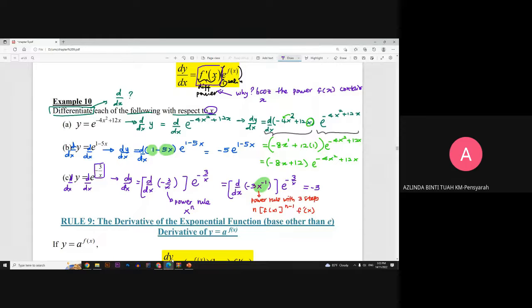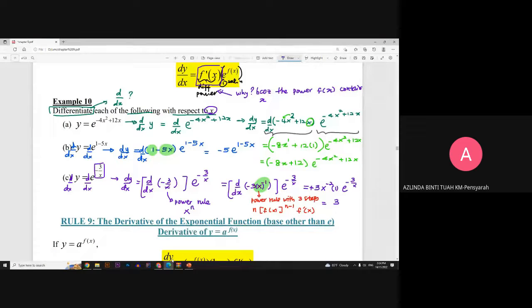It is negative 1 times negative 3 is going to be positive 3. First step. Second step, X power of negative 1 minus 1 is negative 2. And differentiate inside the bracket is differentiate X. Differentiate X is 1. Then copy dia punya exponent. Okay, at the end, kita akan dapat 3.